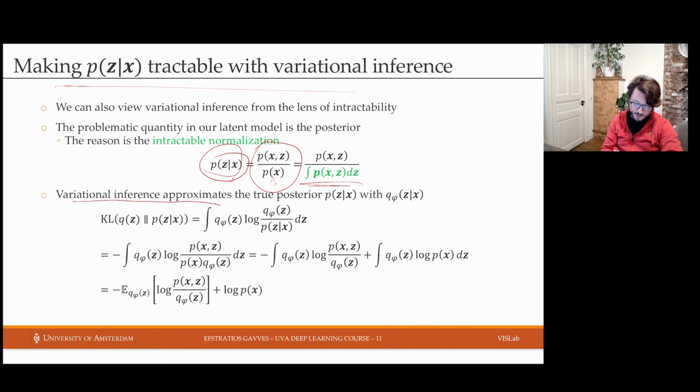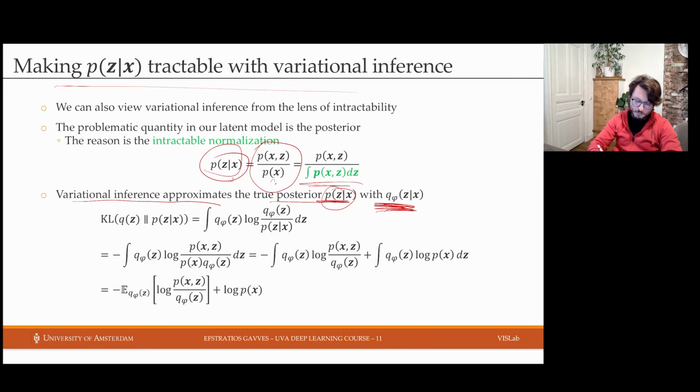So variational inference tries to approximate the true posterior p of z given x with another distribution. So this is one distribution, we try to approximate with another distribution such that we make the approximation as good as possible.